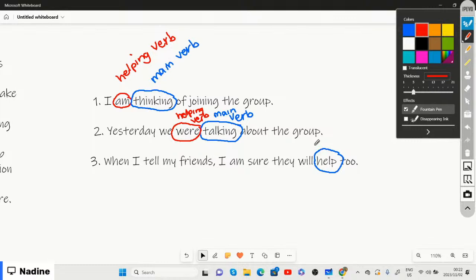Yes, so basically will is the helping verb that will show the action. And if we say will help, right, then it means that will is the helping verb that we put in front of the main verb to show the specific tense, and usually it shows a tense that will happen in the future.